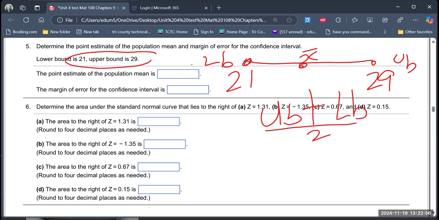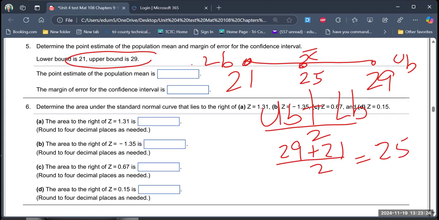So let's do that. 29 plus 21 is going to give me 50. 50 divided by 2 is going to give me 25. Yeah, it's 25. Therefore, the point estimate is 25. So we found the point estimate.